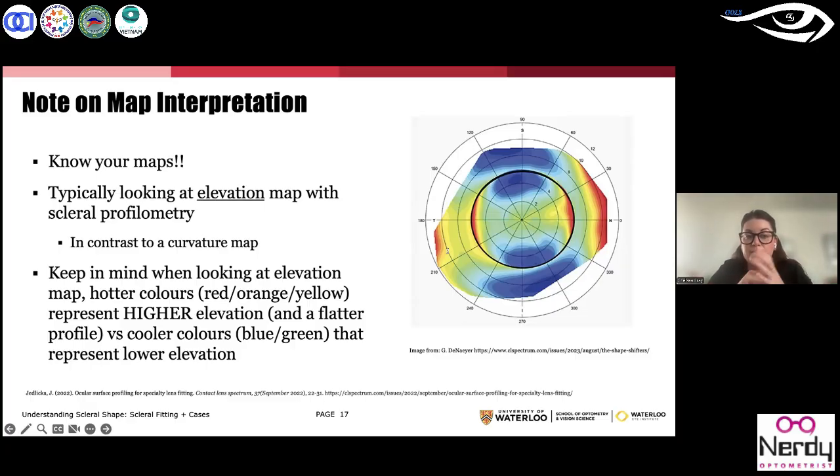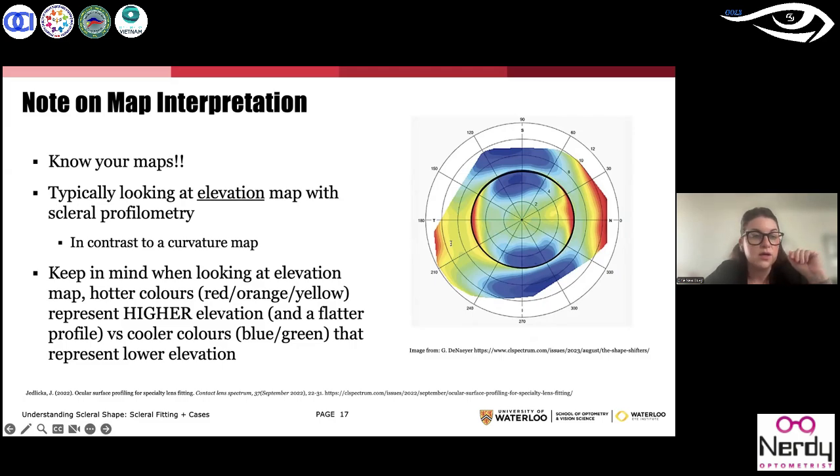It's looking mainly at elevation data. So the elevation maps are relative to a reference sphere. So hotter colors, reds, yellows, oranges, those are representing higher elevation, but it's actually a flatter profile. So just be careful when you're looking at that.